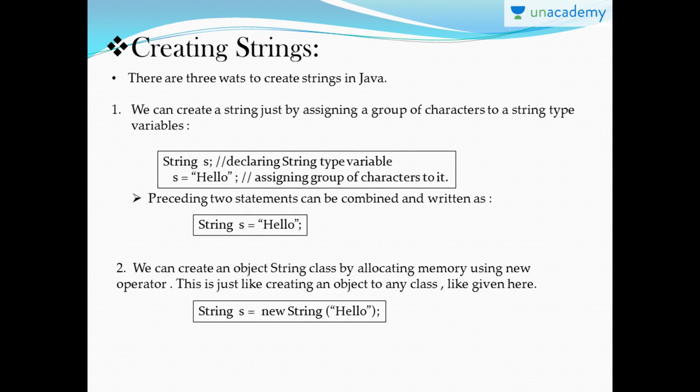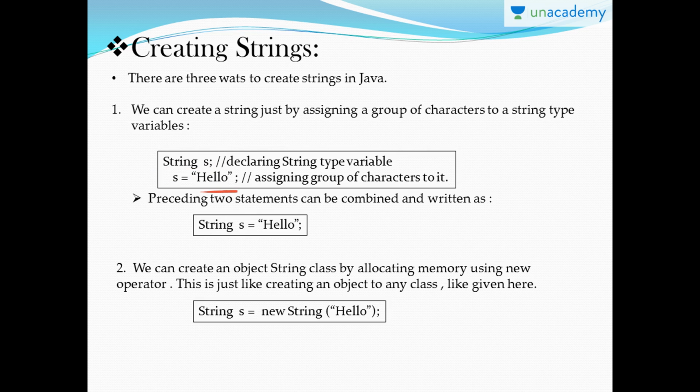Okay. Now let us discuss how we create strings. There are three ways to create strings. First, we can create a string just by assigning a group of characters to a string type variable. Like I can simply write String s, that means s is a variable of data type string.